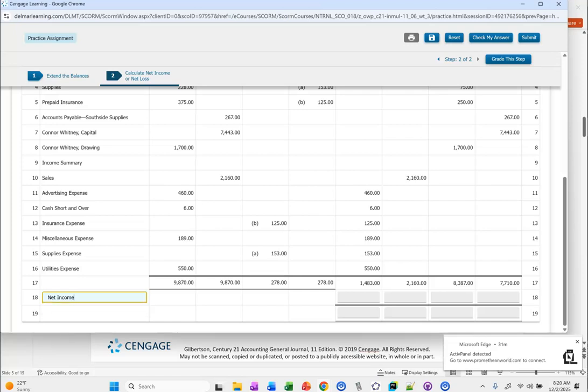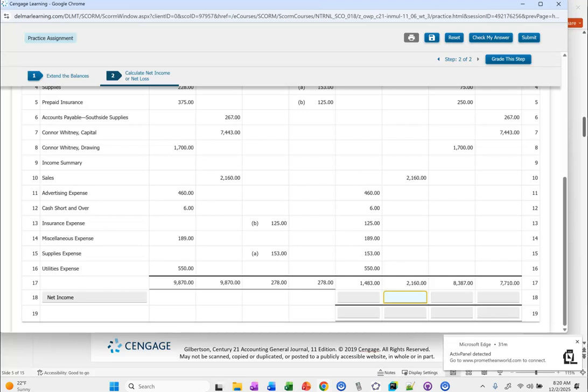So net income goes here, right? Because it's a credit in that column. Correct? Okay. And that number should be the difference between the money that came in and the expenses that went out.